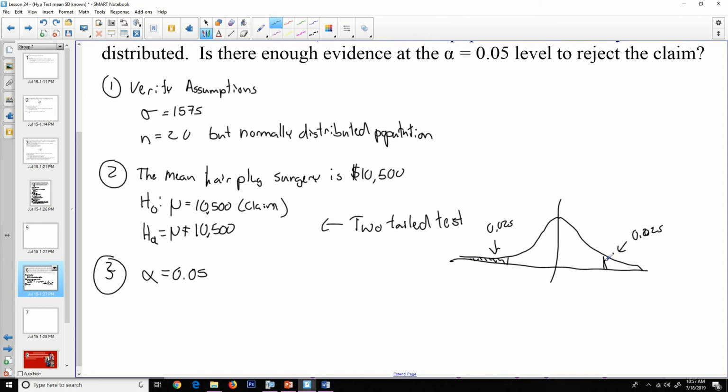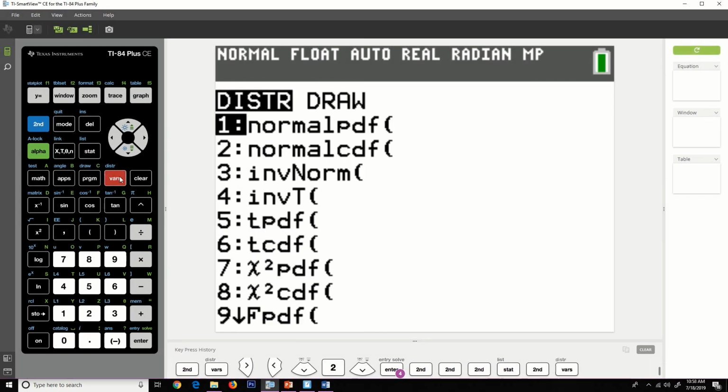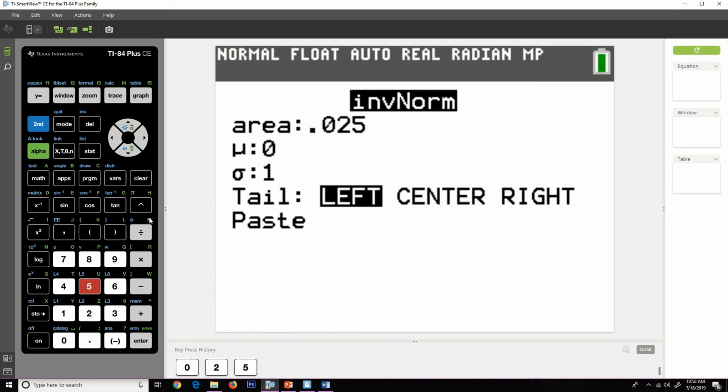So our critical z-scores would be at 0.025, and you can calculate that fairly easily with the inverse norm.